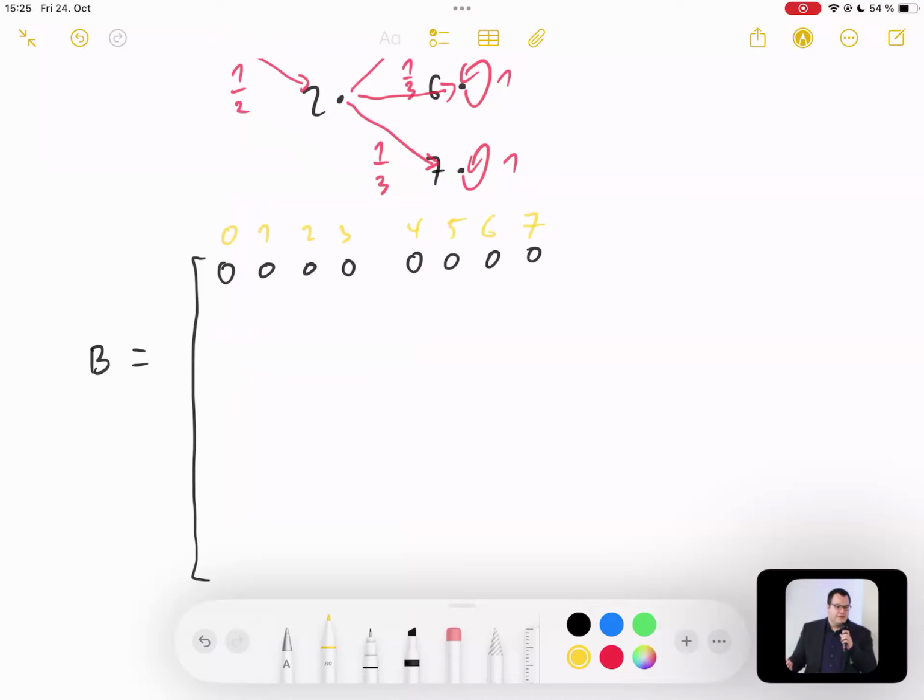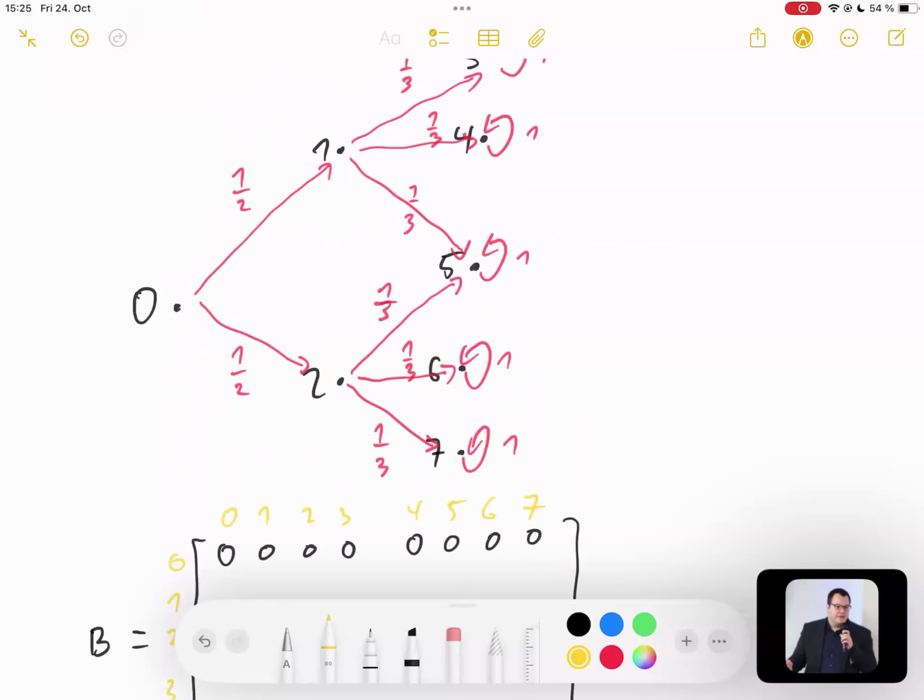Now, what would the next 2 rows look like? The next 2 rows look the same. I'll see if any of you has a suggestion what the next two rows would look like, which is for vertices 1 and 2. So this is our graph.